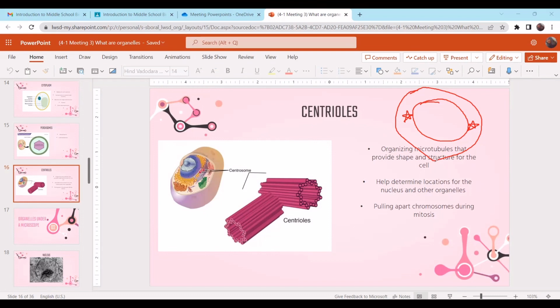They're kind of like location markers for everything to happen. Like we as humans say that things happen because of the North Pole, magnetism, North Pole, South Pole. So they're location markers for how everything is located and structured. During mitosis, which is a cell division process, they pull apart these chromosomes, which are again inside the nucleus.